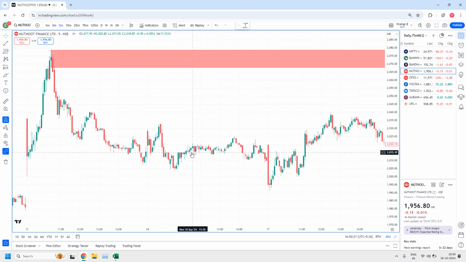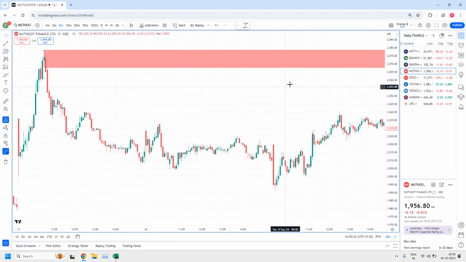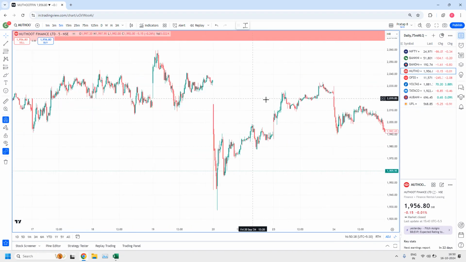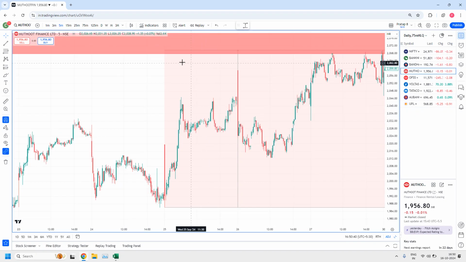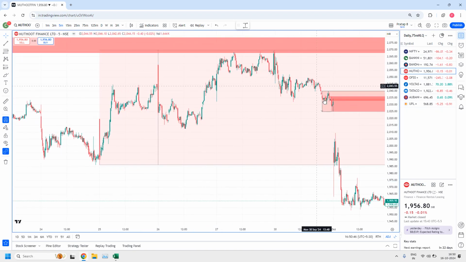But this is the lower time frame zone as a horizon to the higher time frame zone. See here, here you have a 5 minute zone. We have a rally, base, drop, follow through candles. This 5 minute zone is overlapped with this high liquidity daily zone. See, this entire thing is the daily high liquidity zone. So it picked up the orders from this zone, and then the prices have been falling.